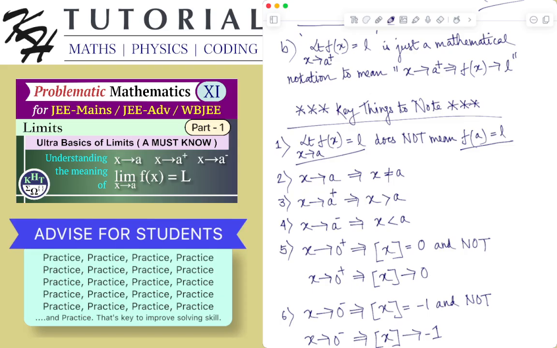That is the correct way of saying it, rather than [x] is tending to 0. No, [x] is equal to 0. So this is one example of f(x) where we can say that when x is tending to a, then f(x) is equal to L, but not f(x) tending to L.